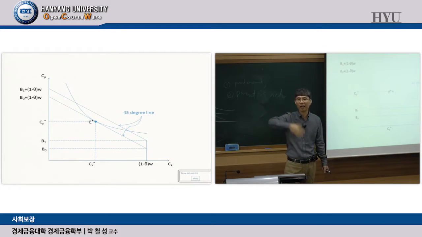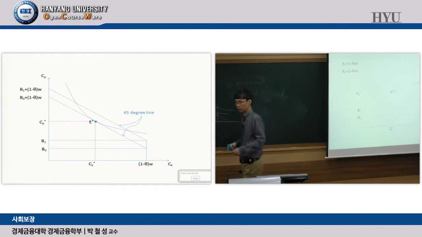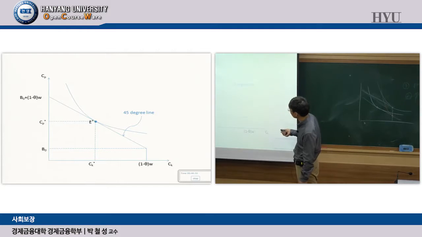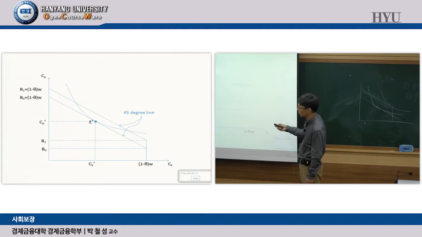Okay, just $1 and $1. So this is a 45-degree line. There is no rate of return or anything. It's just a simple transfer of $1 to my parents. So that's why it's a 45-degree line. Okay, which means now what happens? This whole budget line will shift outward, because B1 is higher.